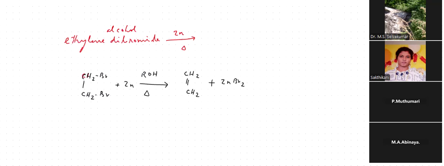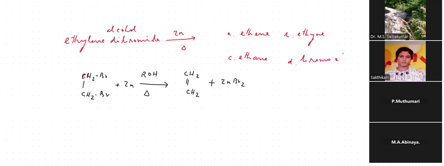The four options given for this question: option A, ethene; option B, ethine; option C, ethane; and option D, bromoethane.